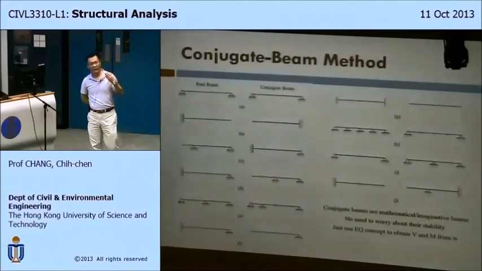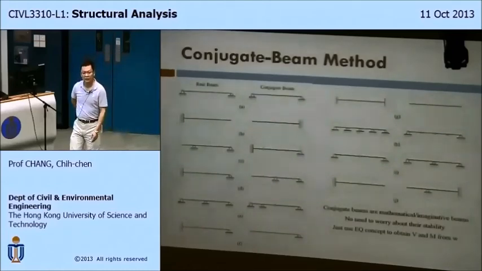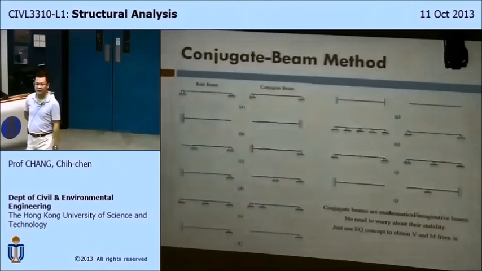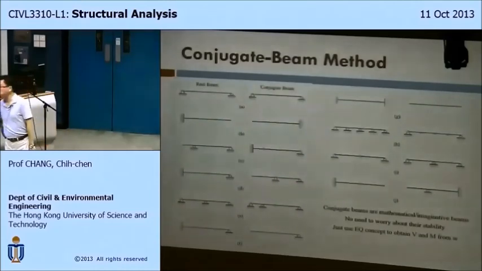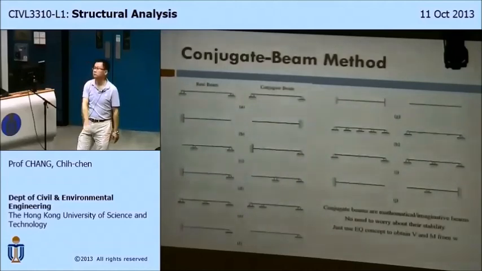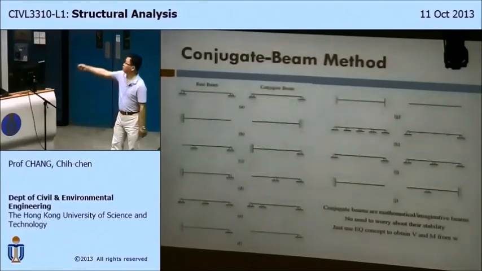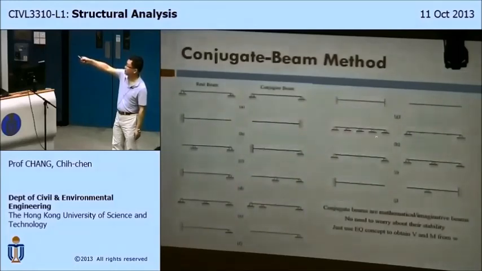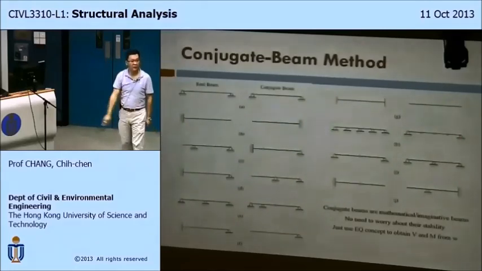You're creating an imaginary beam so that you can just use equilibriums. So these are just imaginary beams. So for instance, this is a simply supported beam with 3 rollers, and it becomes hinge, roller, and then 3 internal hinges.